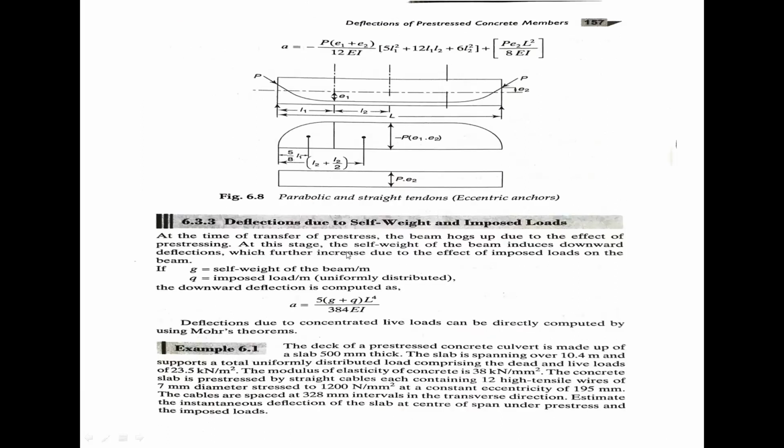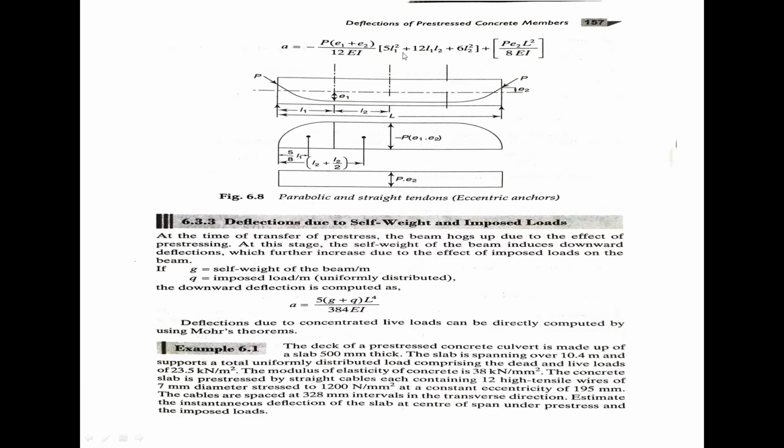Now we add the bending moment diagram and the parabolic bending moment diagram taken for eccentric anchors, parabolic and straight tendons. For eccentric anchors we take two bending moment diagrams: P into E2, P into E1, E1 into E2.